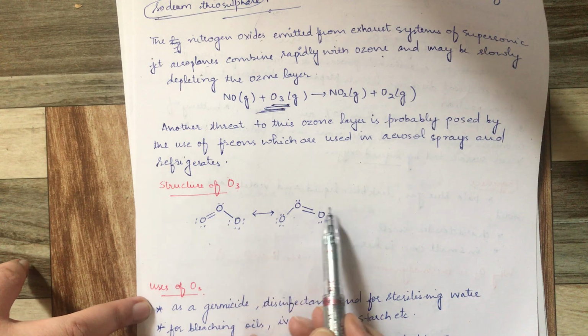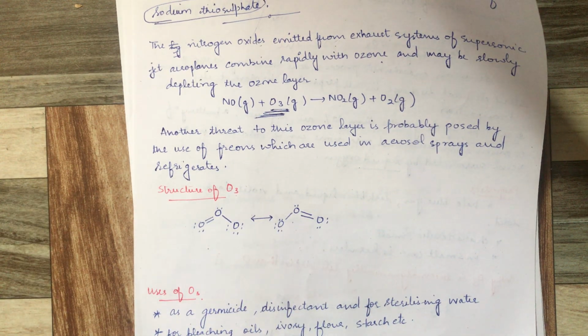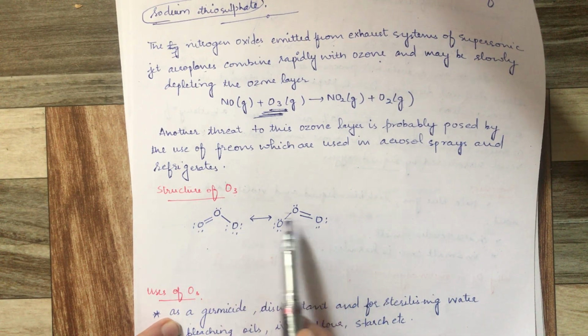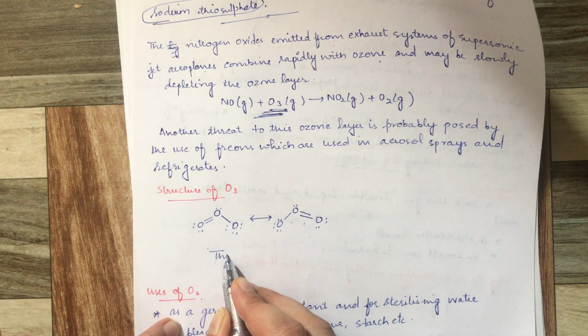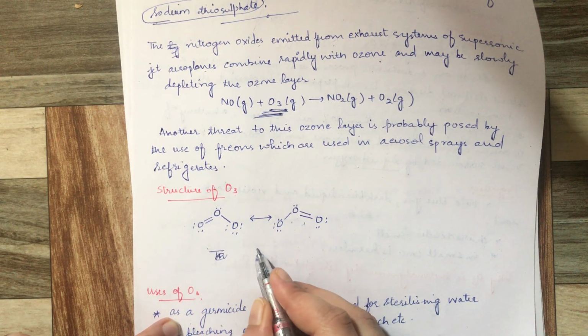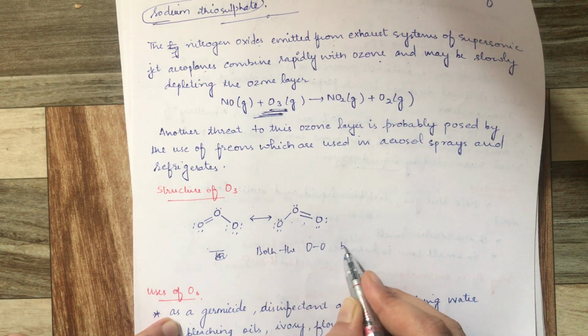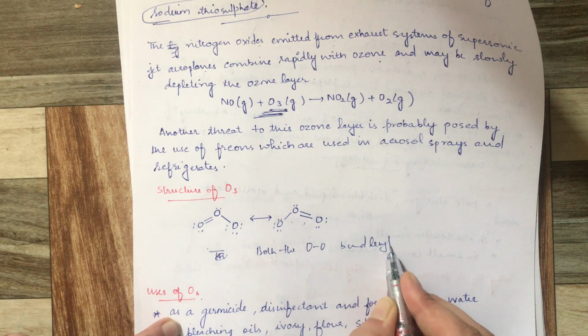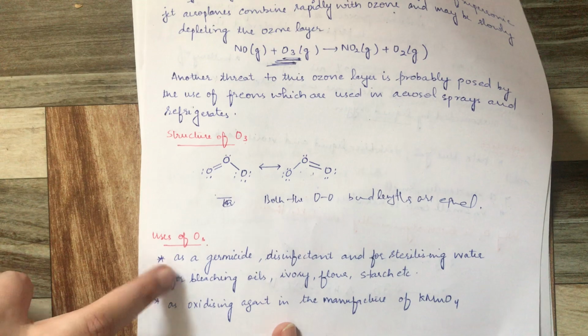So this is the very important structure of O3, you can very well note it. This O3 has resonating structures due to which both the oxygen bond lengths are equal due to resonance.